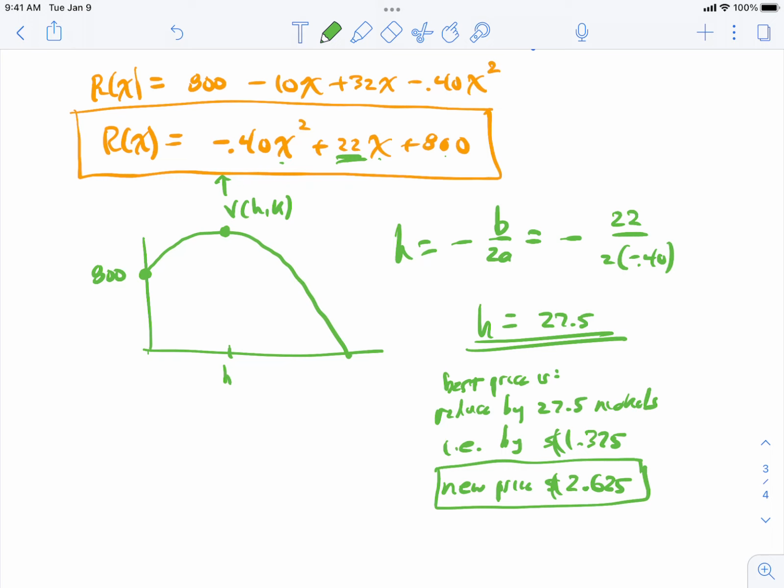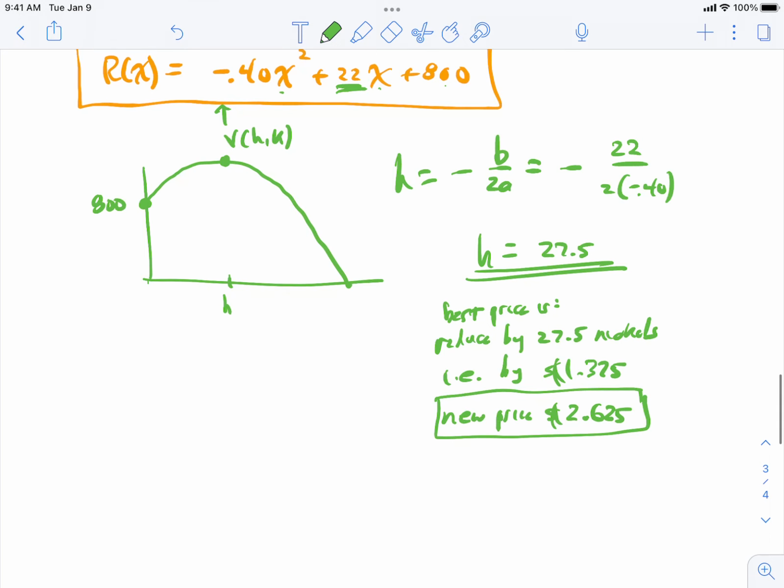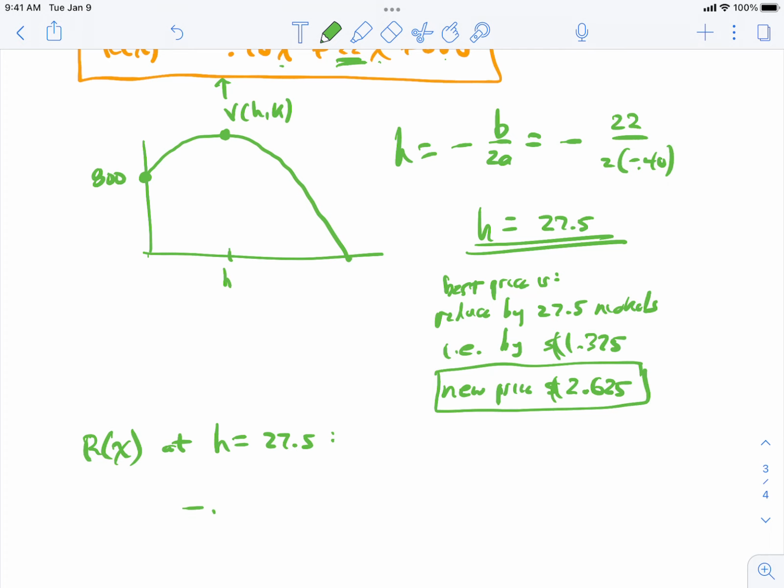So that's quite a reduction from the $4, right? So she's going to make a lot of money, I think. Let's find out how much. R of x using h equals 27.5. Okay, so we go negative 0.40 times 27.5 squared.